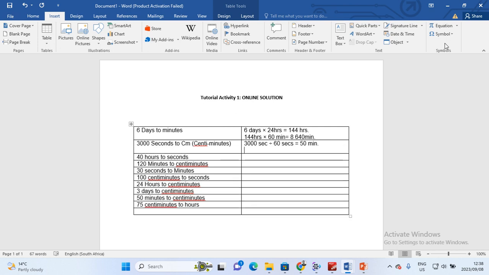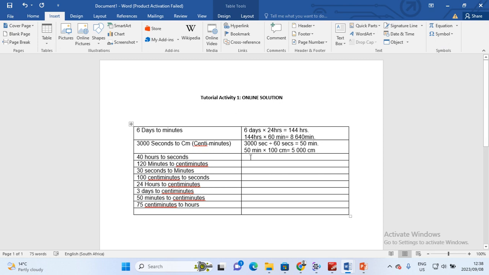But then they're asking us to convert it to centiminutes, which is going to be 50 minutes, which we're going to multiply by 100 centiminutes, which is going to give us 5,000 centiminutes. And that's how you go about converting seconds to centiminutes.